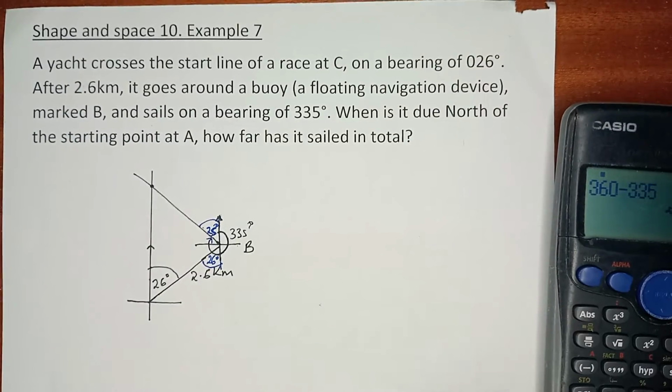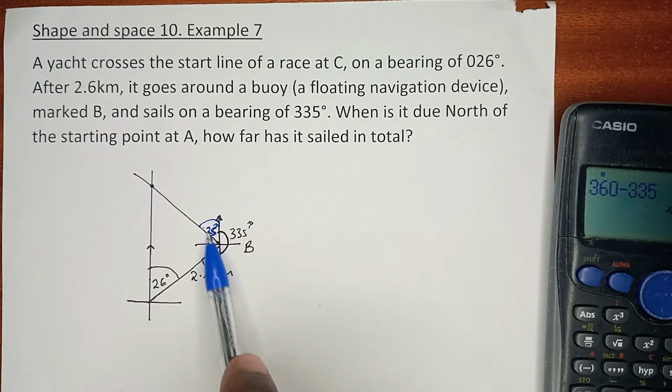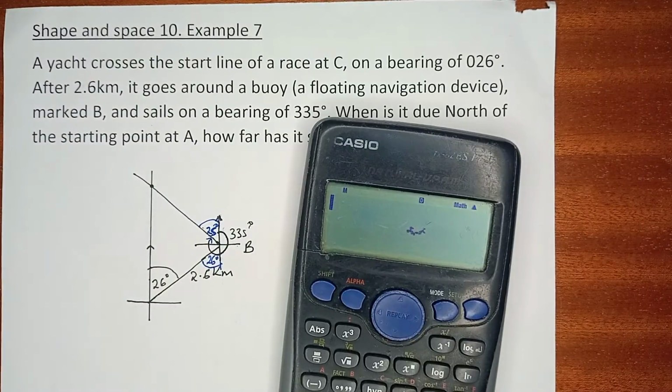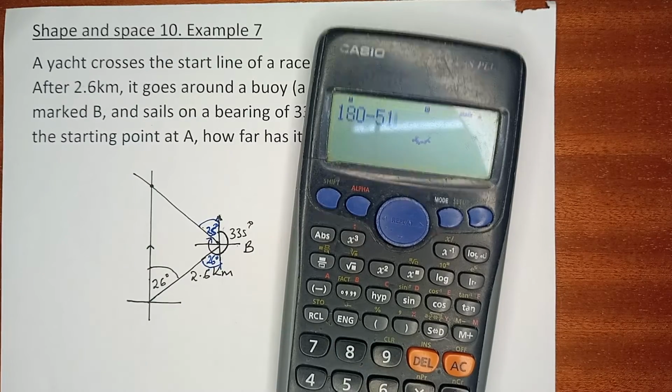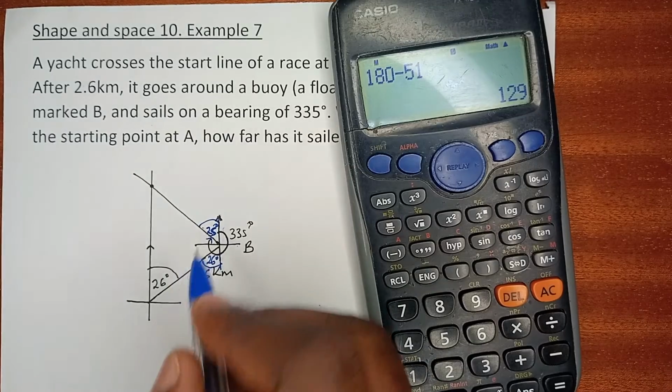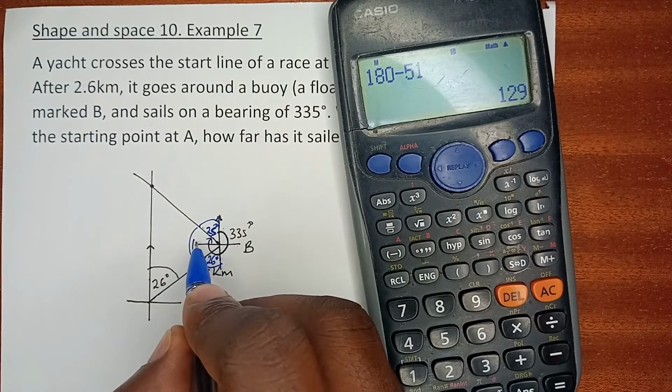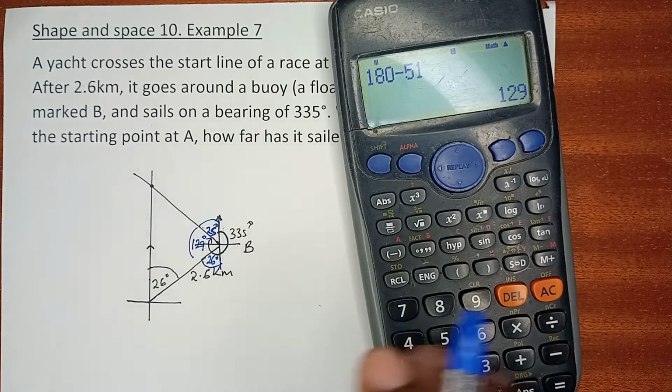So we are going to come up with a triangle, and because this is a straight line of 180, 26 plus 25 is 51. So 180 minus 51, what is inside here is 129 degrees.